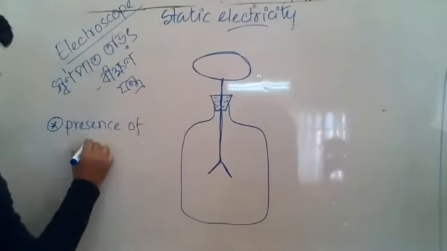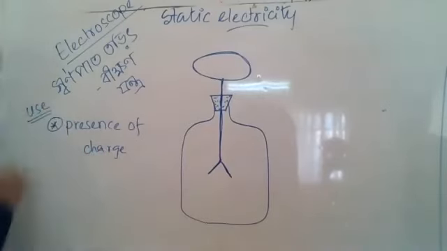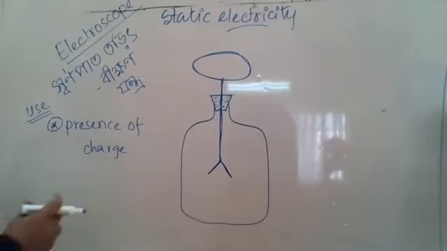Now, presence of charge means, let us say I give you a body and I ask you, kindly check whether this body is charged or neutral. So, if there is any presence of charge or not, you can determine using this electroscope. Okay, that is the first use.